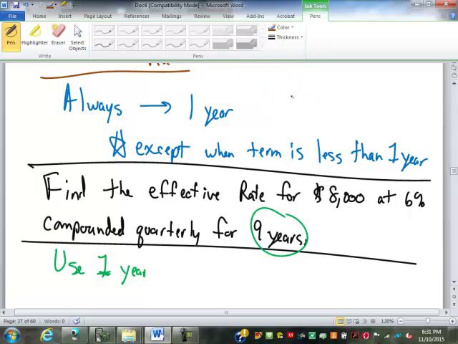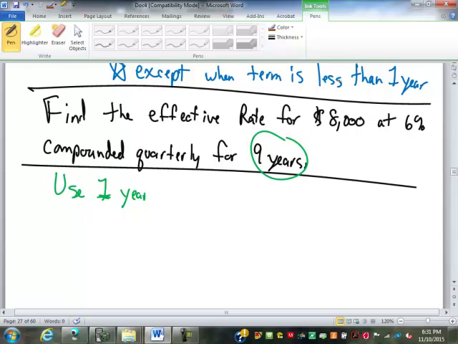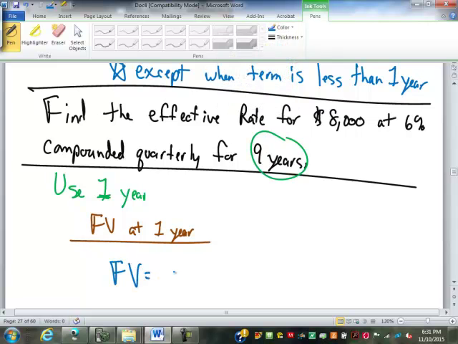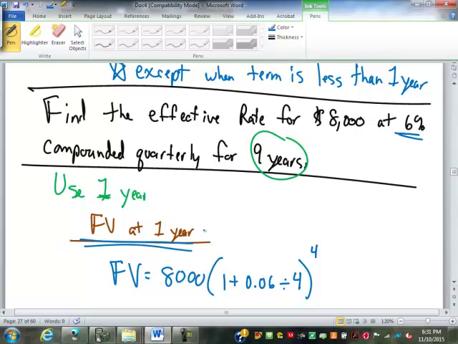So what we're going to do is find the interest for 1 year. So we're going to find the future value at 1 year first. So future value equals $8,000 times 1 plus 0.06, our 6% as a decimal, divided by 4, since it's compounded quarterly, to the power of 4, because we're doing effective rate, we're only going to go for 1 year.